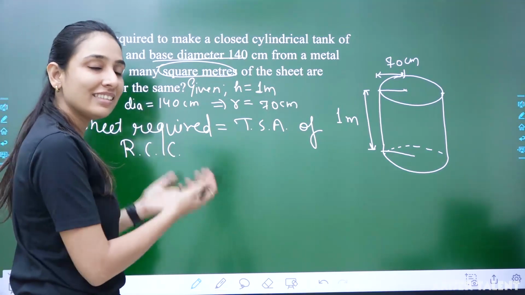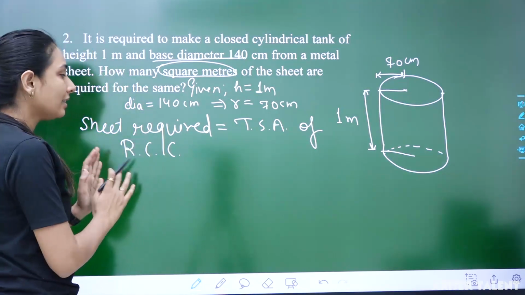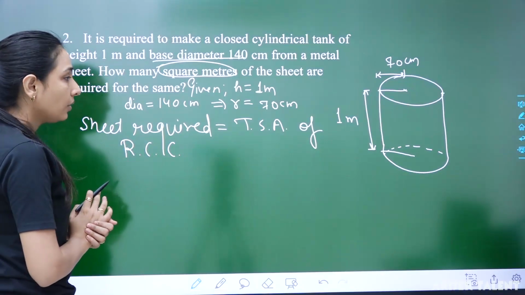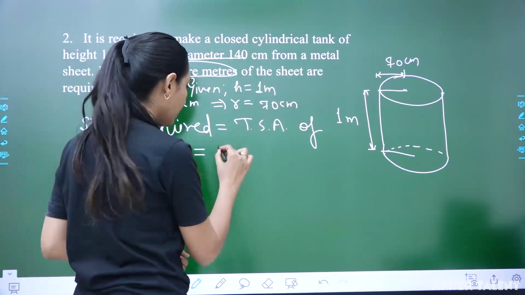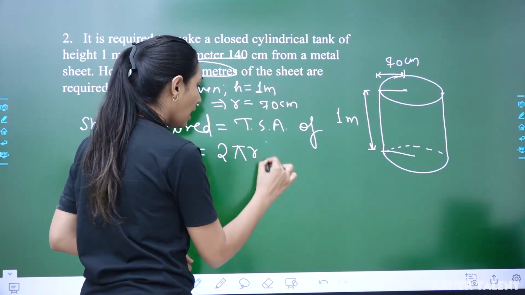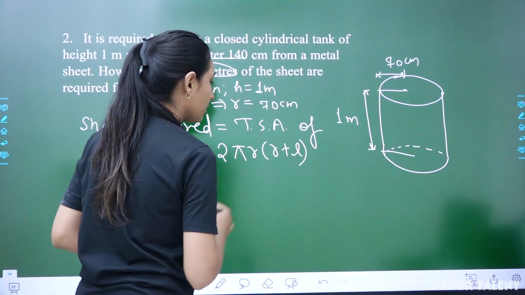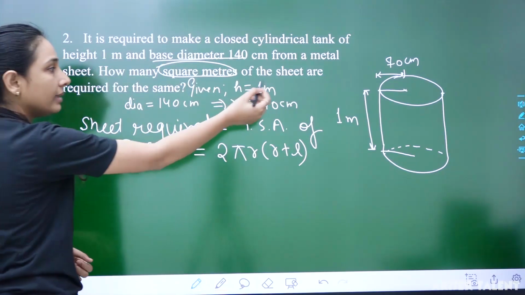This is not the RCC, this is the right circular cylinder. That is equal to, we are talking about the whole, that will be 2 pi r (r plus h). Now this is r, and this length is what?